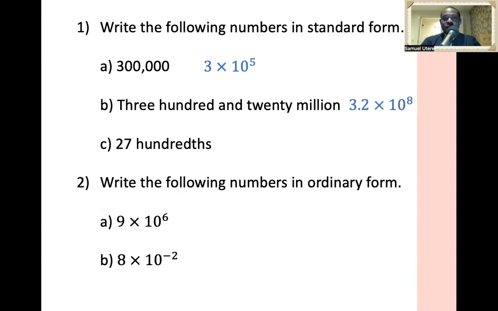Next, 320 million is going to be 3.2 times 10 to the power 8. 27 hundredths is 2.7 times 10 to the power negative 1. And then question 2, write the following numbers in ordinary form. That will be 9 million, and that will be 0.08.